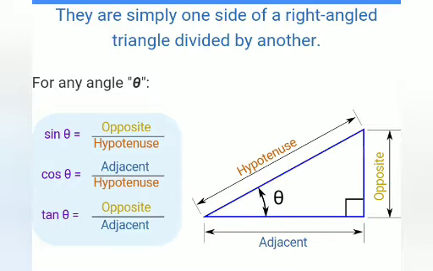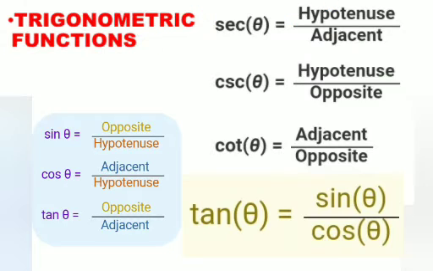Tan theta is equal to opposite side by adjacent side. Similarly, we can write the reciprocals: reciprocal of cos theta is equal to secant theta, reciprocal of sine theta is equal to cosecant theta, and reciprocal of tangent theta is equal to cotangent theta. We can write tangent theta as sine theta divided by cos theta.